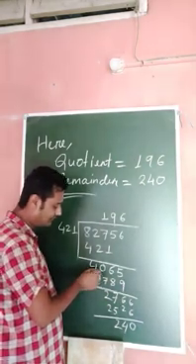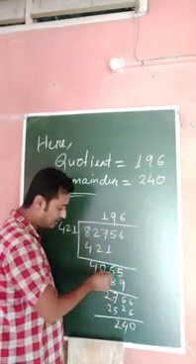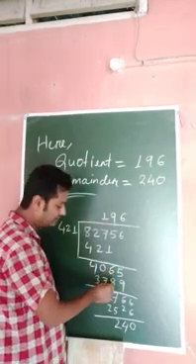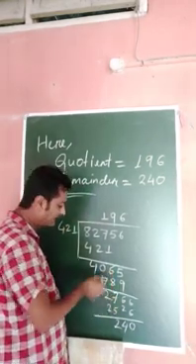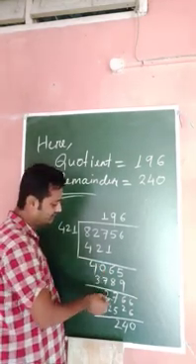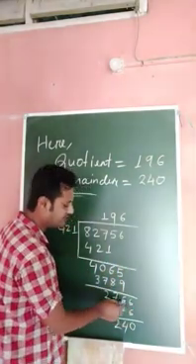Whenever you take 1 from this, it becomes 10. Again you take 1 from this, already it was 5, so it becomes 15. 15 minus 8 becomes 7, and whenever you take 1 from 10, it remains 9. So 9 minus 7 becomes 2, that means 276. Now this 6 comes to this position, so 2766.